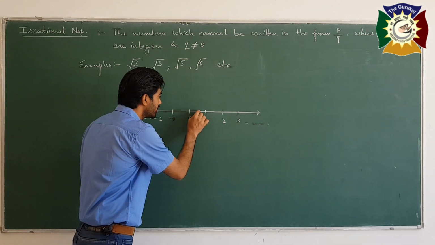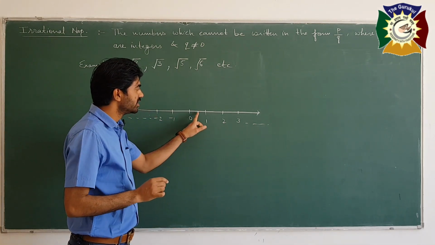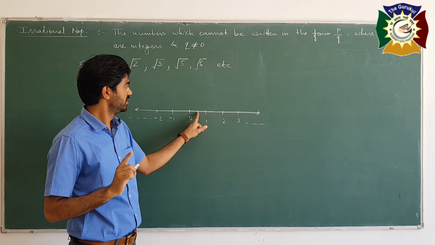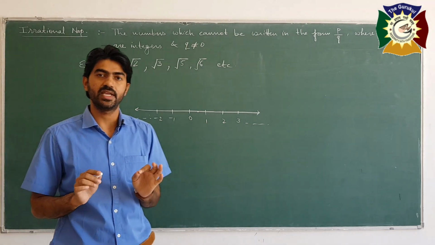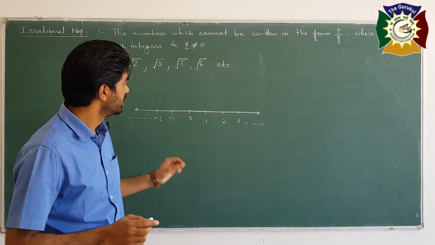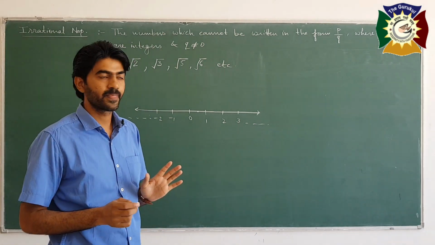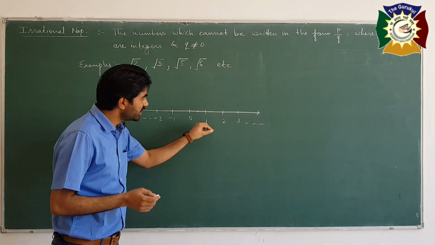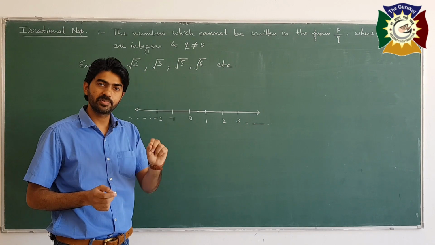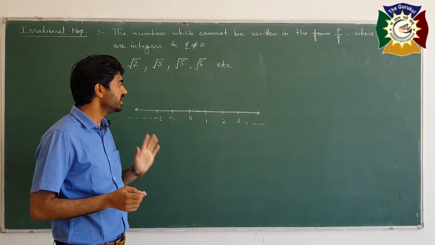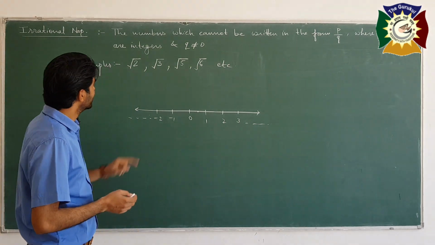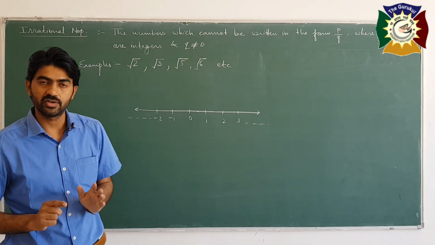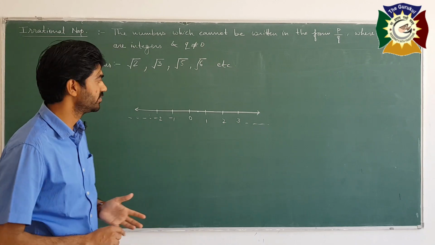Suppose I put a dot here, it means this dot represents a real number. So every real number has a definite place on the number line. Or conversely, we can say that every place on the number line represents a definite real number. It means these are also real numbers, because all irrational numbers are also real numbers.